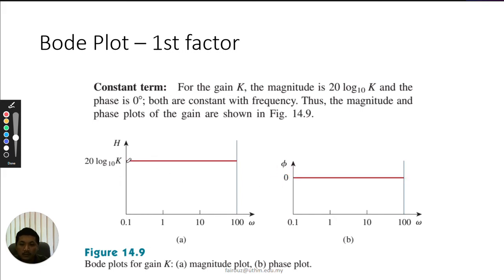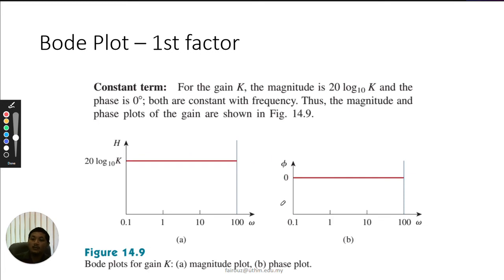If we have a k value, for example 20, you have to do the calculation. 20 times log 10 of 20, what is the value? Let's say 20 dB here. So you plot 20 dB, a straight line from 0.1 to 100 and so on. It's a straight line to infinity. Same thing, a straight line to infinity, but in this case the phase is 0.